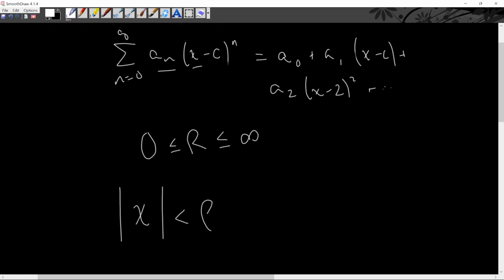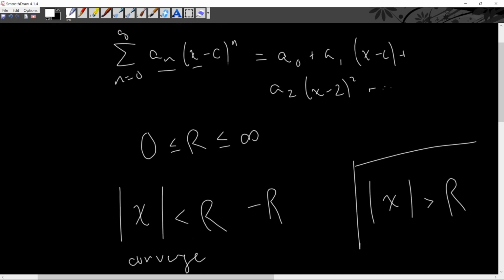of x is less than the radius, and diverge, so let's write that down. It will converge if x is in the radius, or diverge if it's greater than the radius, right? So this is saying that, I'll just sort of box this off, negative r is less than x is less than r. So both subtracting the radius from the value, so say r is equal to 1, right?